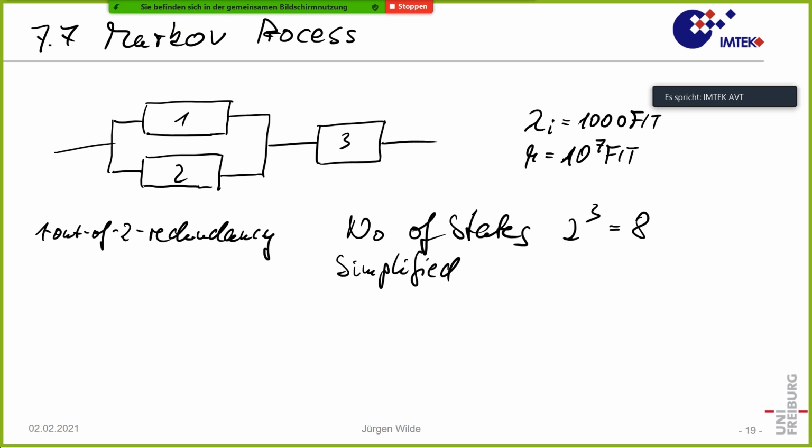That's two possibilities, but that is combined with this failing or this operational, and that means we have 8 minus 2 is 6 states. Simplification is often important.